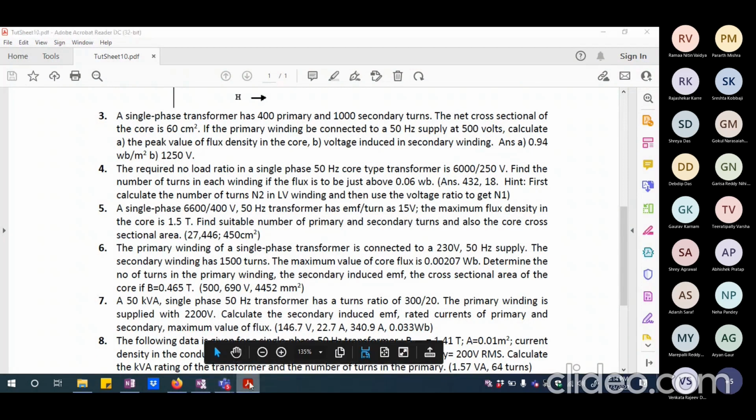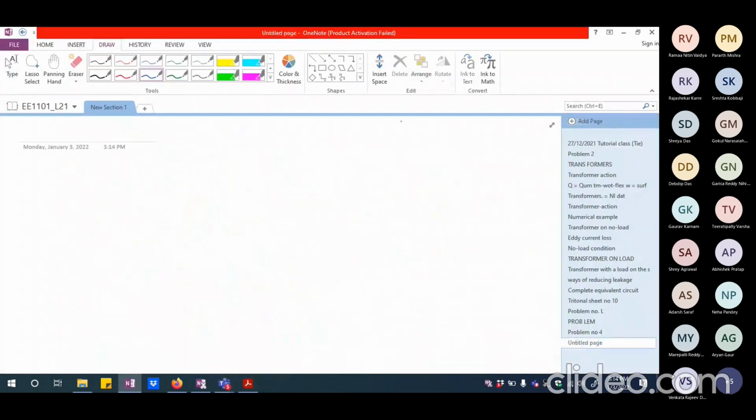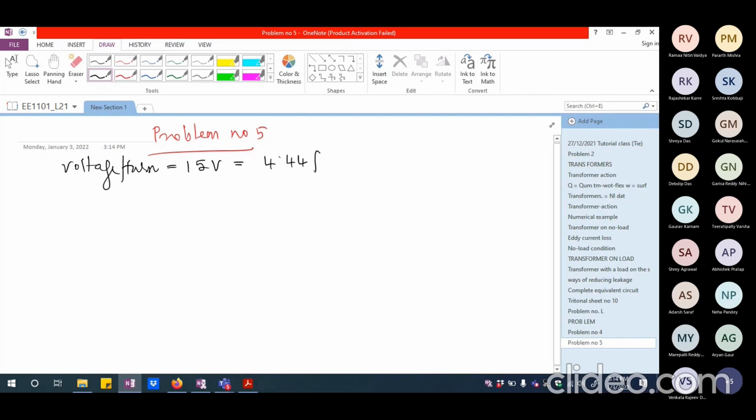So one thing you have to understand is once you are given the voltage per turn, so voltage per turn is given as 15 volts, which is equal to 4.44 F multiplied by phi max.